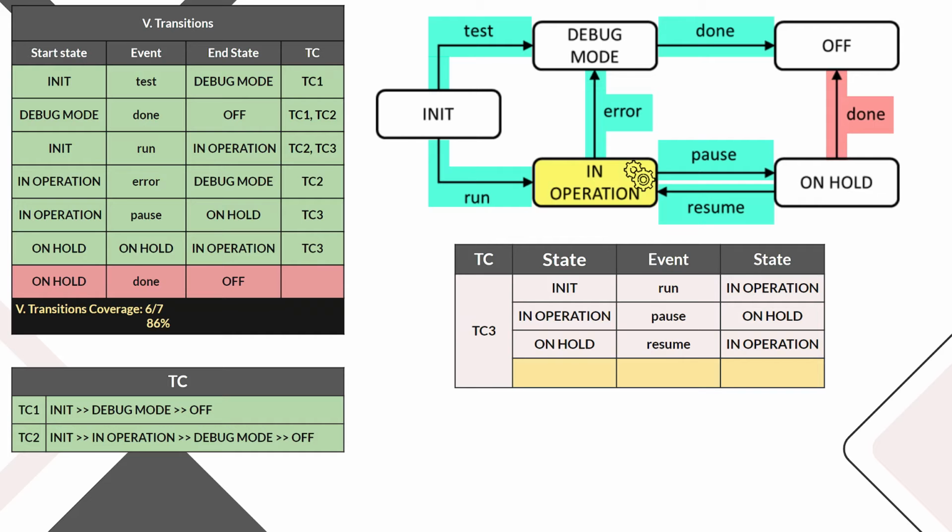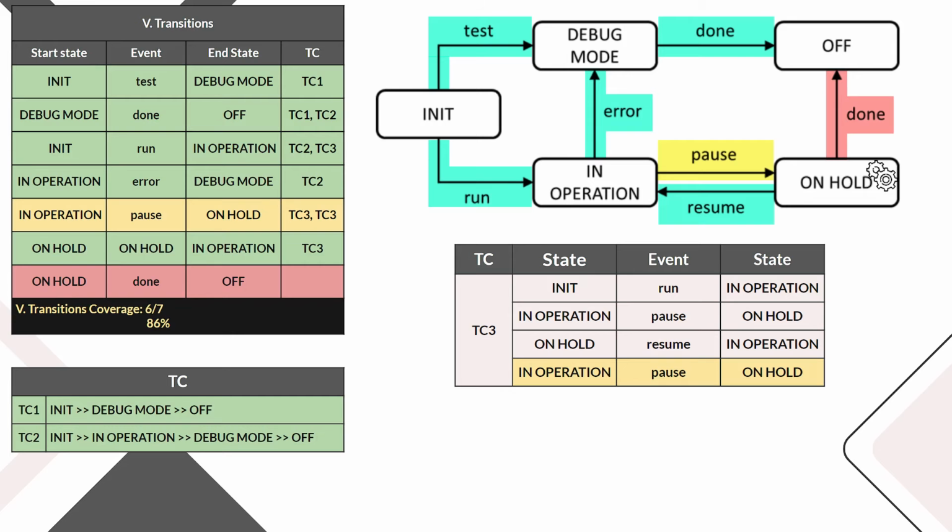Therefore, in the fourth step, we retest the same transition as in the second step, from the in-operation state to the on-hold state through the pause event. This is a normal situation for state transition testing, where one test case tests the same transitions 2 or 3 times.